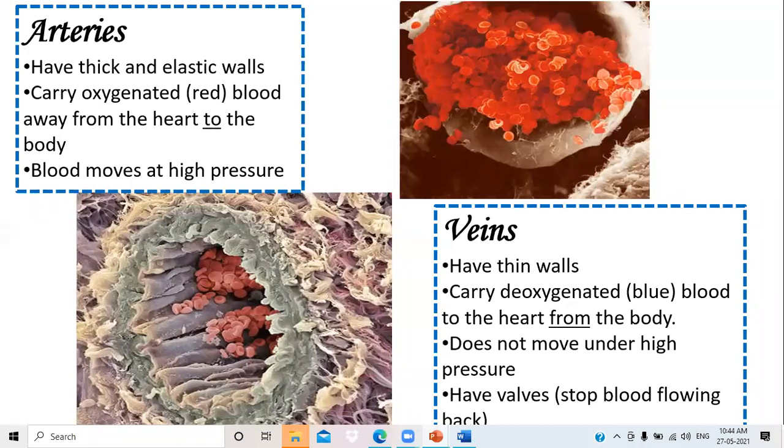So veins have thin walls which carry deoxygenated blood, and the blood moves inside them not by the high pressure of the heart, no. It moves inside them by the valves. Valves are like doors that open and close to push the blood. It's like if you are moving in a corridor and you are trying to reach the door of your class before they close it.